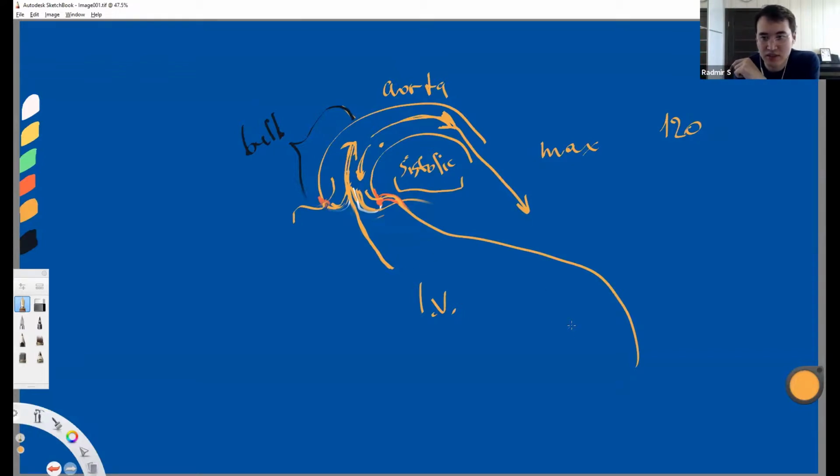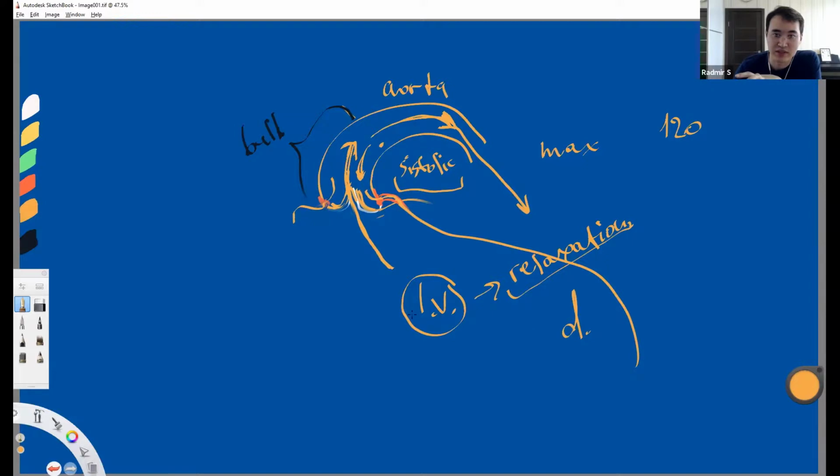So the diastolic: after we pump the blood, we start relaxing. So the left ventricle gets into the phase of relaxation. And at this moment, the left ventricle is kind of empty, right? So because it's empty, let's call the pressure here pressure 1, and here we have pressure 2. So pressure 2 is much higher than pressure 1. And because of that, the blood from the bulb tries to get back to the ventricle because it's lower pressure there.